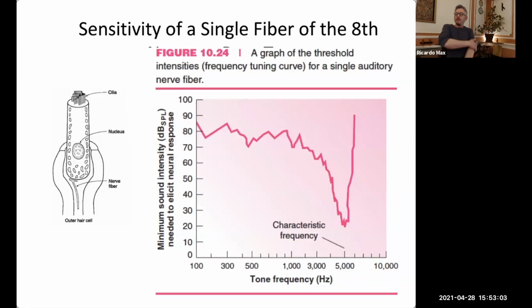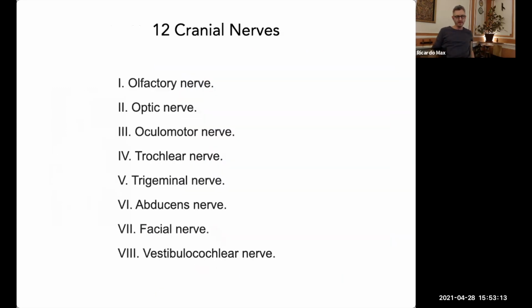All right, so what we have here is a single fiber of the eighth cranial nerve. If you remember, from Introduction to Psychology, we have 12 cranial nerves, and the eighth one is the one that transmits all the auditory information.